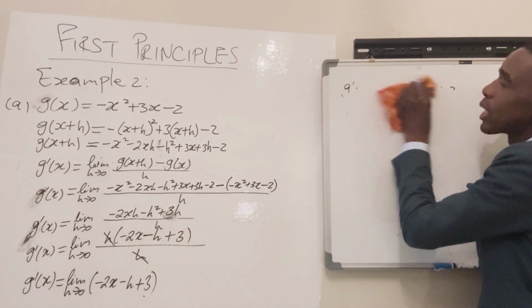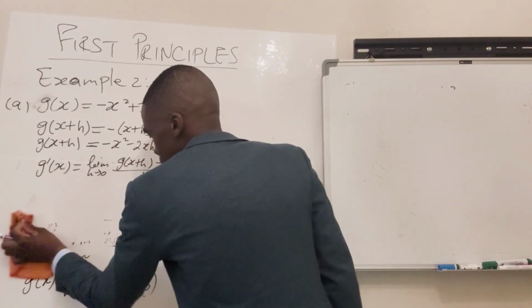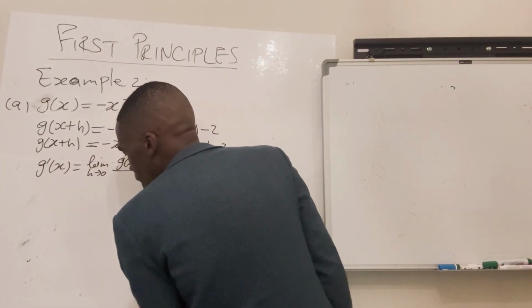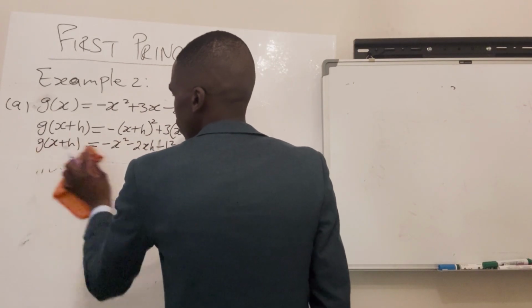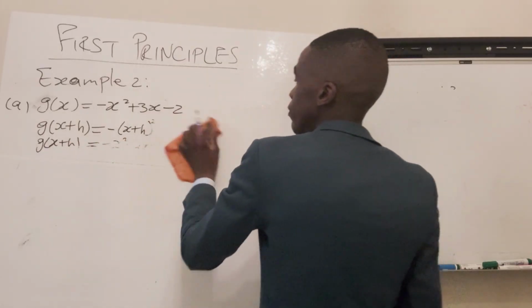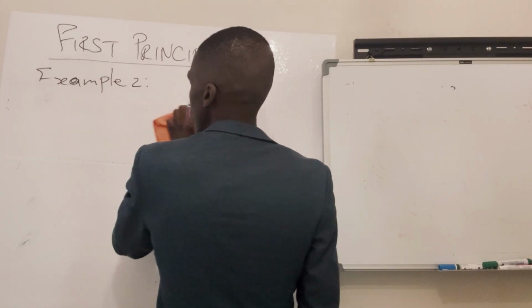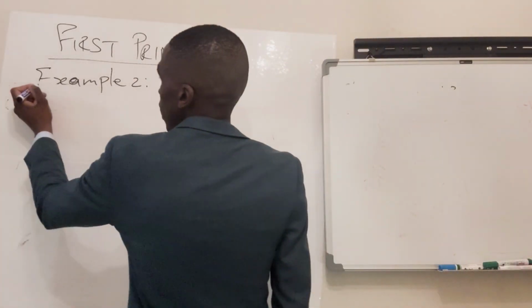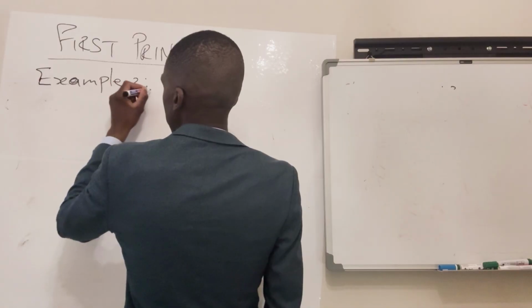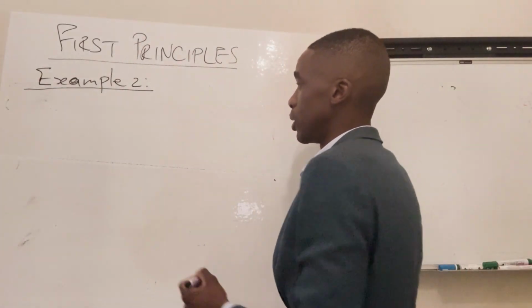When we determine the gradient of the tangent, we are using the first derivative of the function. The gradient of the tangent is actually the first derivative. You would have done this when you started with this topic of differential calculus, when you were still dealing with average gradient and the idea of a limit, just before you arrived at first principles.